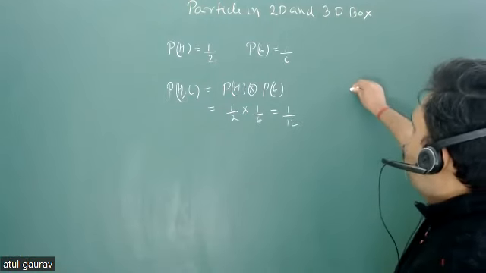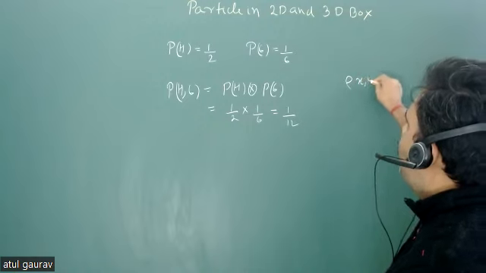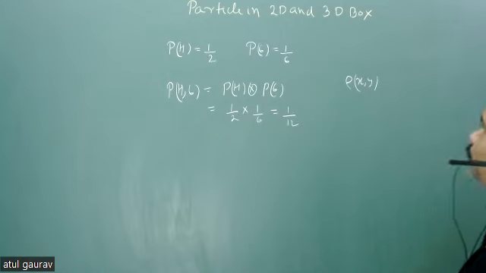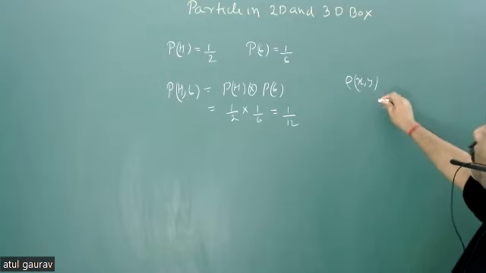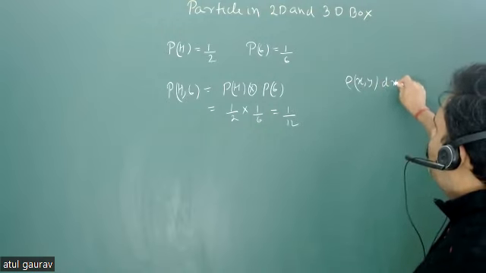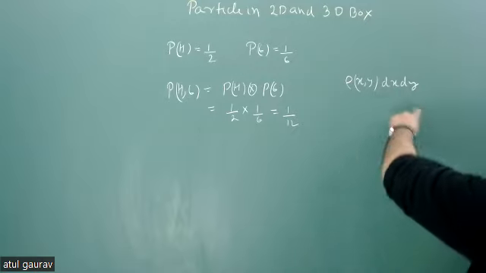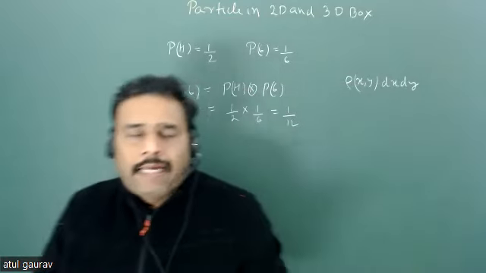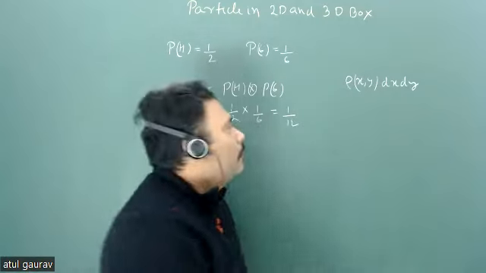So suppose we have two independent variables, x and y, and suppose this is your probability density, rho of x, y, and here we can go for dx into dy, isn't it? This is the probability to find the system between x to x plus dx and y to y plus dy.